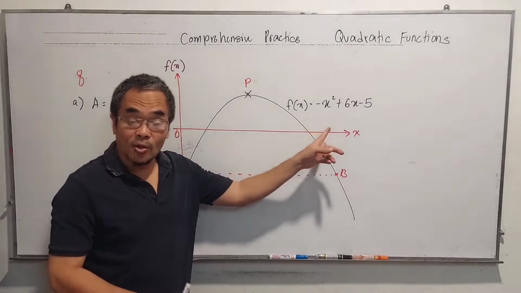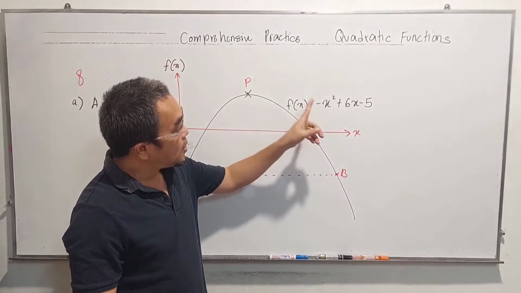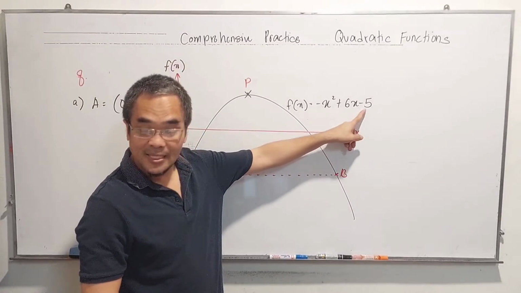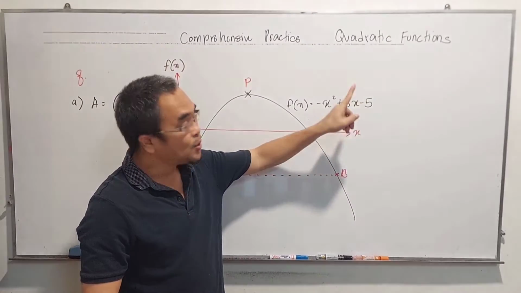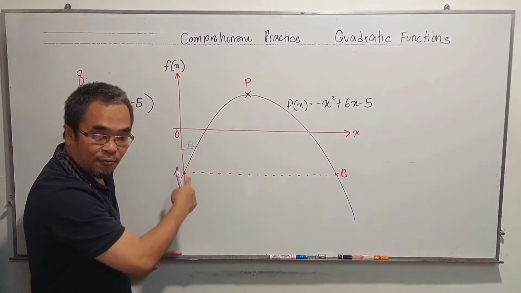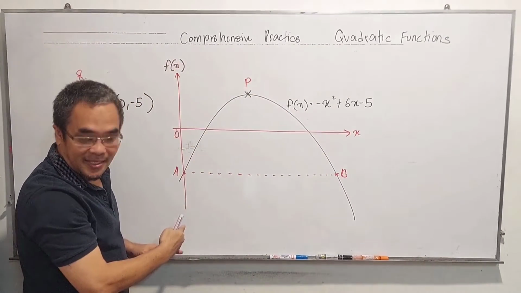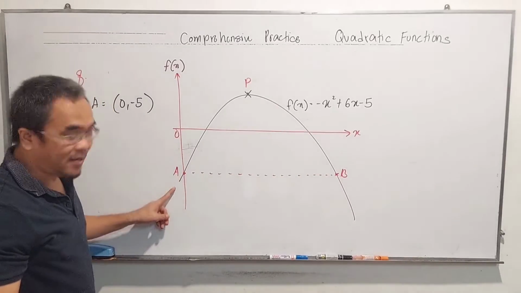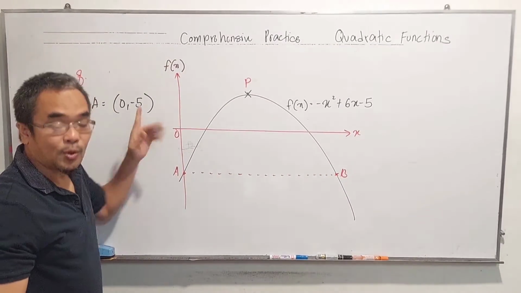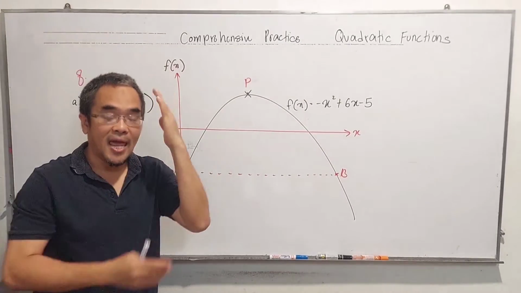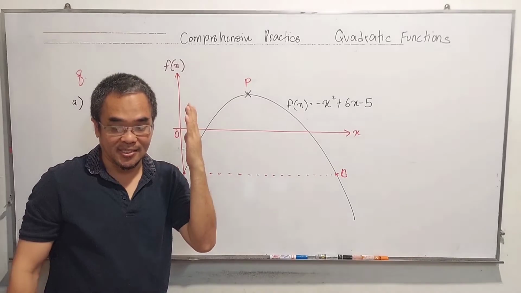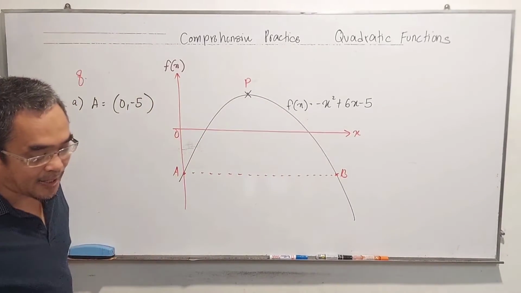So in this context of quadratic equations, you look at the number without the coefficient of x, which in this case is negative 5. So negative 5 is the intersection of the graph with the y-axis. So again, A will be (0, negative 5), because x is constantly 0 on the y-axis. Okay, that is A.